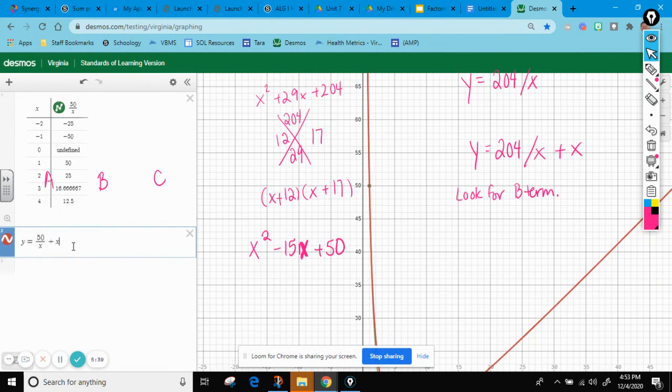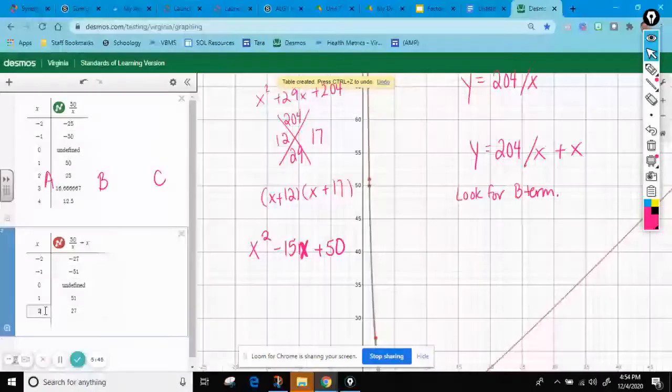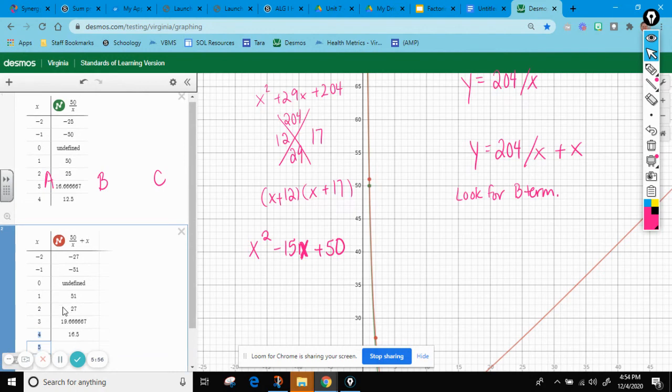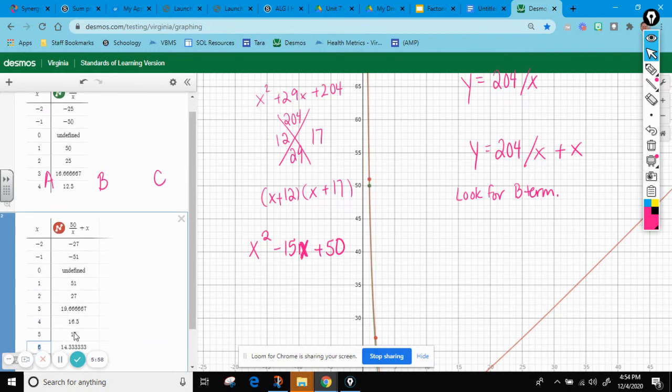Not minus x, plus x. Now I come up to the cogwheel, I turn it into a table, and I'm looking in this right-hand column, in the y column, you might say, for the number 15. Ooh, but if I want negative 15, well, let's just find 15. Okay, 15, and we'll figure out the negatives and positives after.